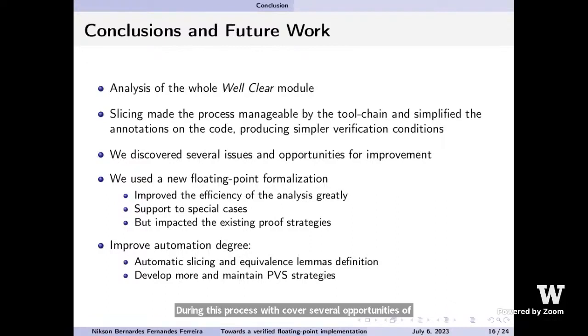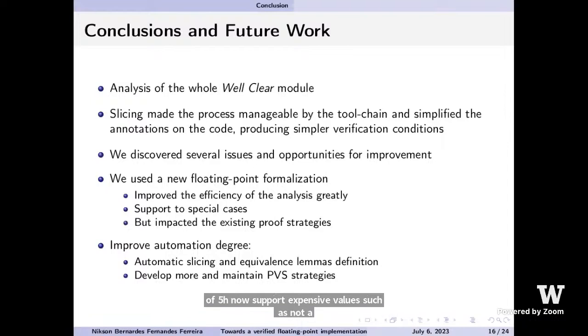And in this work, we use a new axiomatic floating point formalization that, besides improving the type check time by a factor of 5, also now supports special values, such as not a number and infinity. However, it impacted the previous strategies, which were no longer usable.